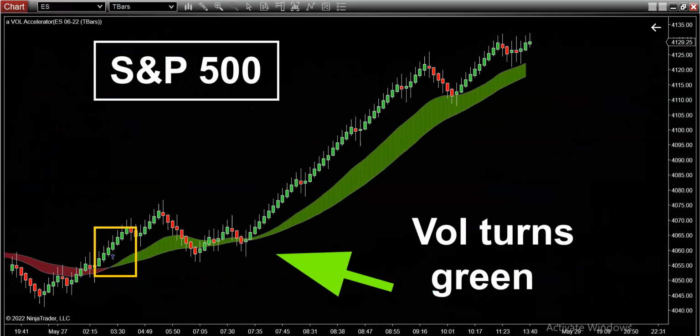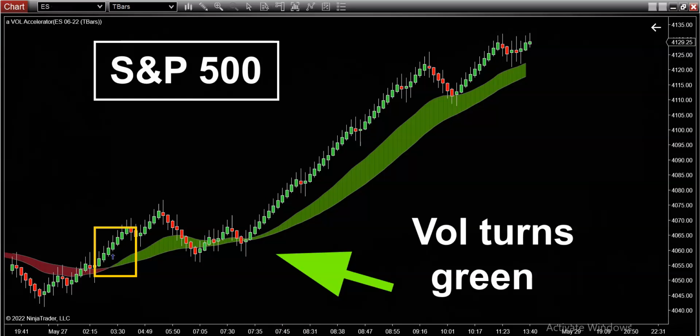I want to make my trading simple, clean, and somewhat obvious. Show me a chart that's simple and show me something that allows me to make a decision very quickly based off of a color change. I cannot make this more simplistic than I already have, folks. It's green and red.